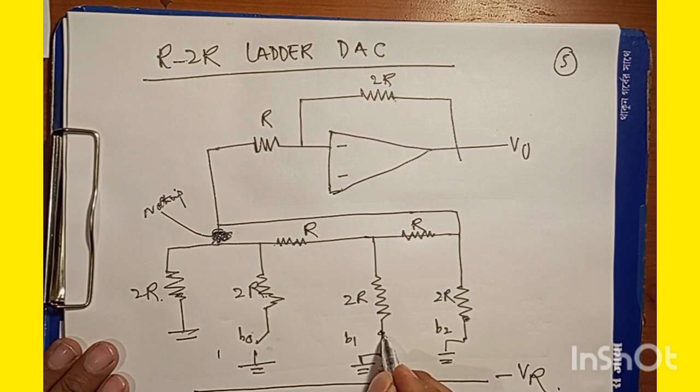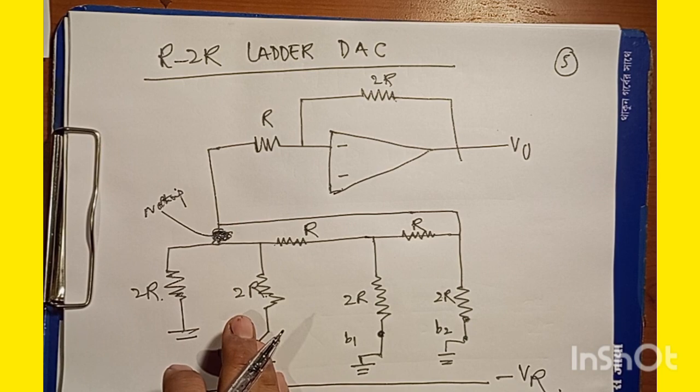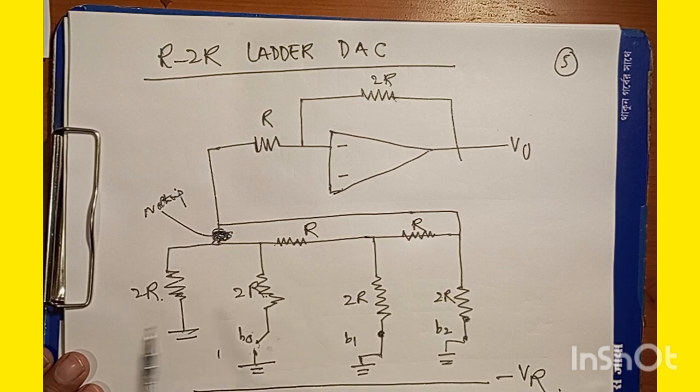So these are the connections that will be used either to be grounded for the 0 case or to be connected to minus VR. It is basically very difficult to get the generalized output voltage equation for this R-2R ladder digital to analog converter, but we can find the analog output voltage values for individual binary input combinations easily.